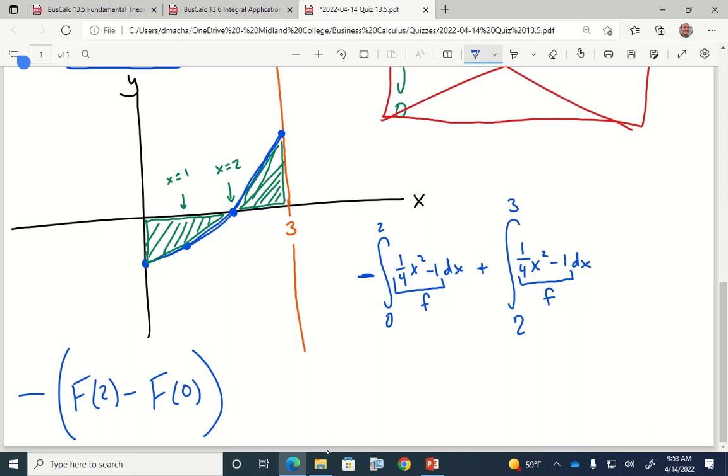So inside the parentheses, that's the first definite integral. And then for the second definite integral, I'm going to take the antiderivative evaluated at the upper bound minus the antiderivative evaluated at the lower bound.